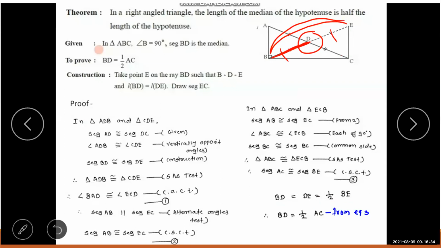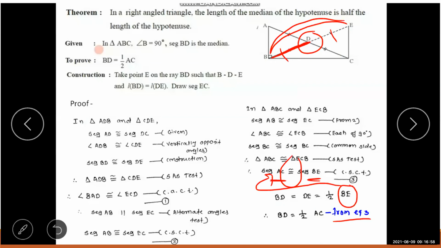Now from equation 3, AC and BE both are congruent to each other. So instead of this BE, I can replace it with AC.